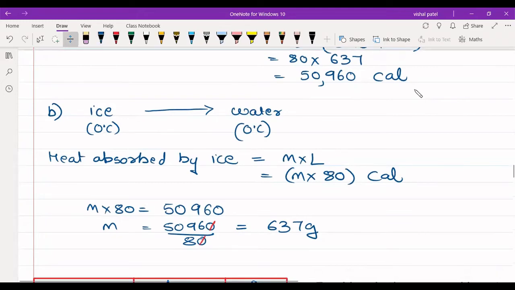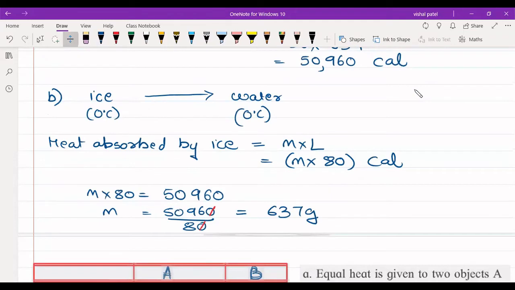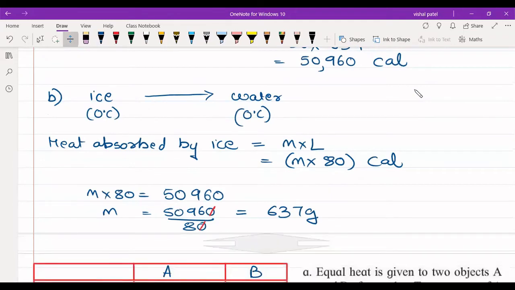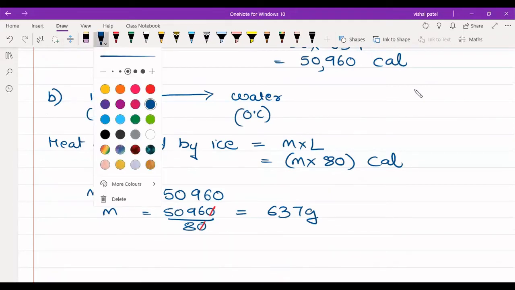Okay, so the question asked is how much mass is melted and how much heat is used.